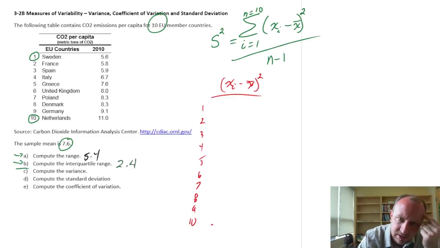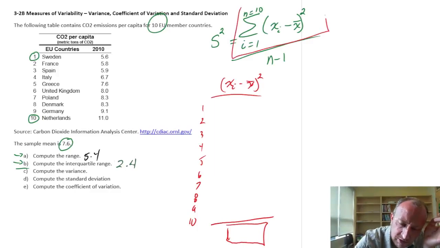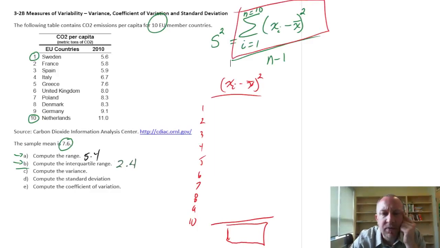And then we're going to add all of those up. And down here, when we add all of those squared differences together, what will be in that box will be our numerator up here. Okay, so let's get started, as this can take a little bit of time.